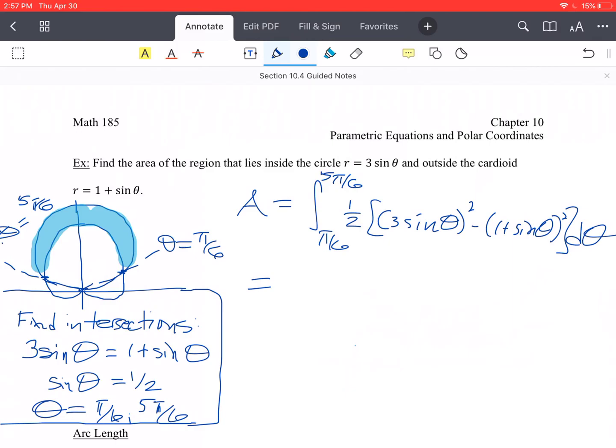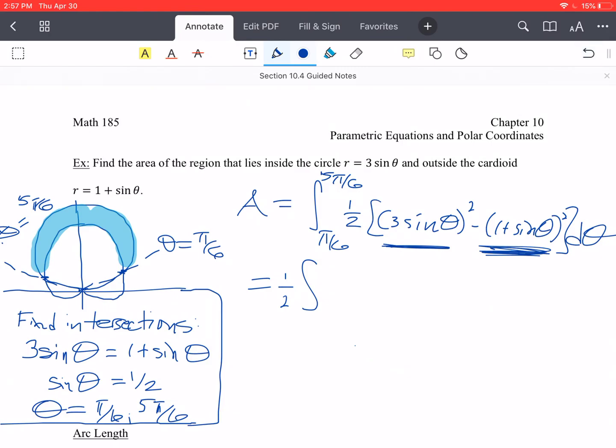So then we can go ahead and just pull that 1/2 out all the way. And if we do the foiling on this one, this one gives us 9 sine squared theta. The second one is going to give us 1 plus 2 sine theta plus sine squared theta, and they're all going to become negative.